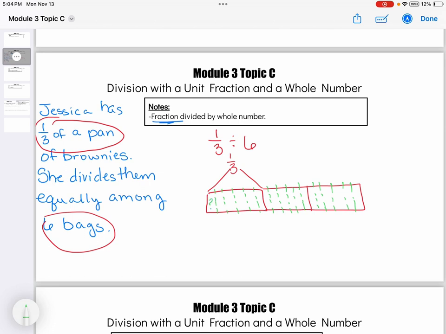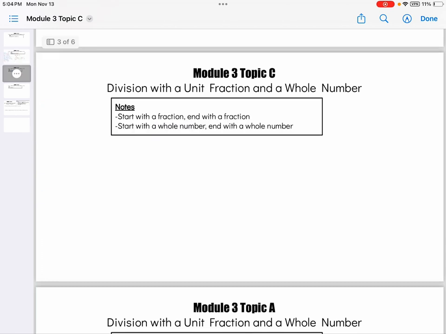So one of these bags has 1/18 of a pan of brownies. So 1/3 divided by 6 equals 1/18. And by now students are starting to notice that they can just multiply that 3 and that 6 and get the same answer there.